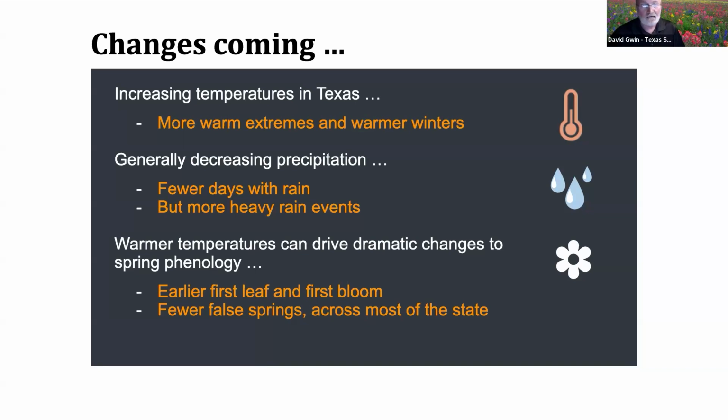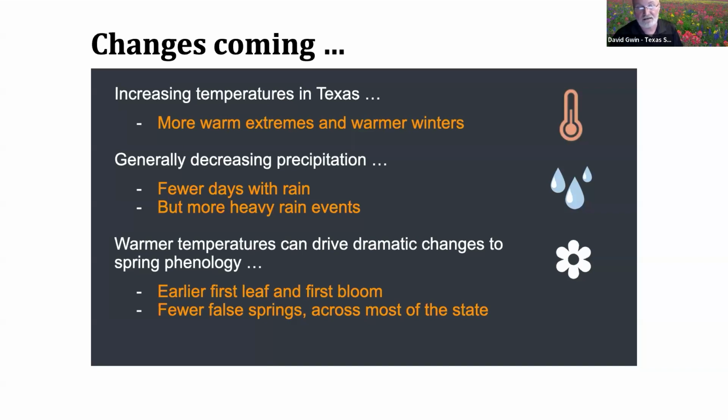Okay. We know already, last point there, that we're starting to see earlier first leaf and first bloom in plants across the state, particularly as warming cycles are longer and longer here in Texas. We're also seeing fewer false springs across most of the state, and we even had one here recently.